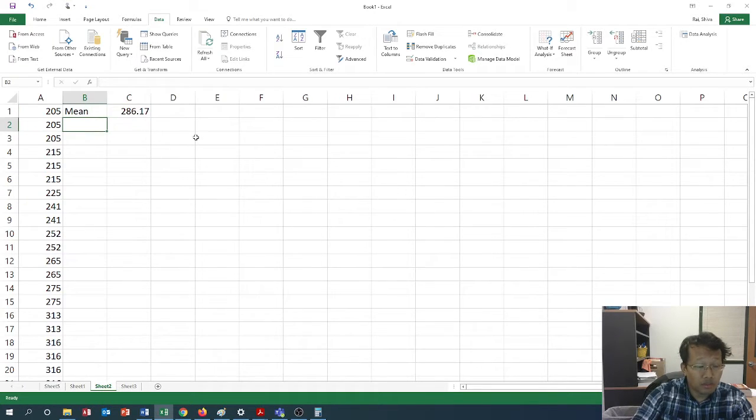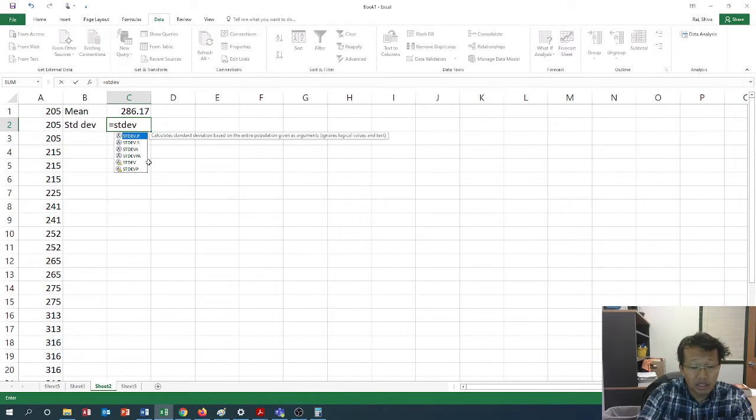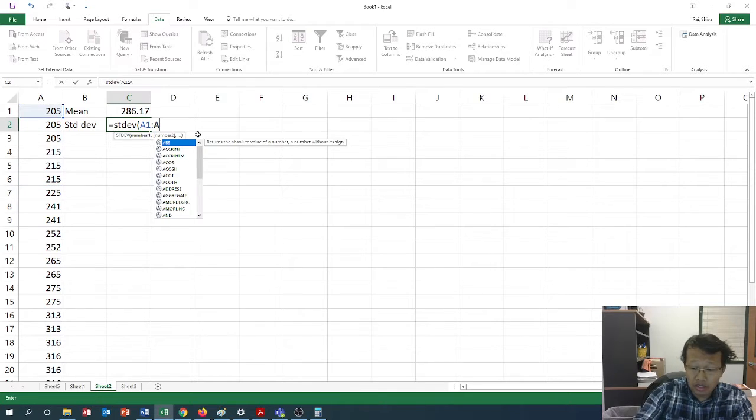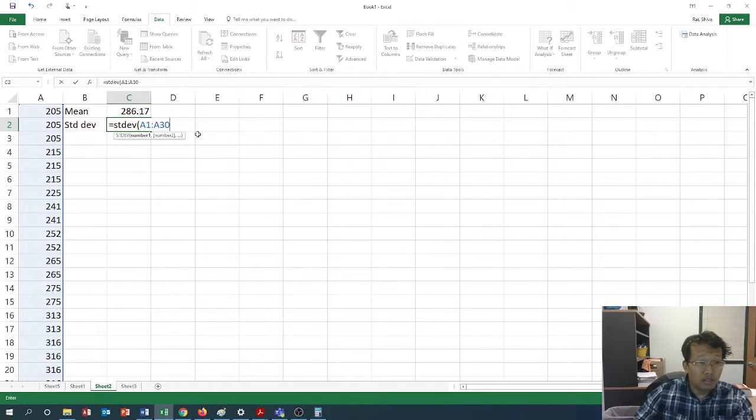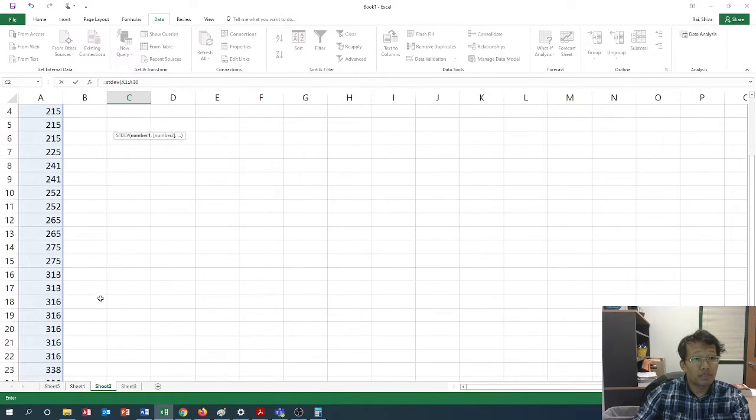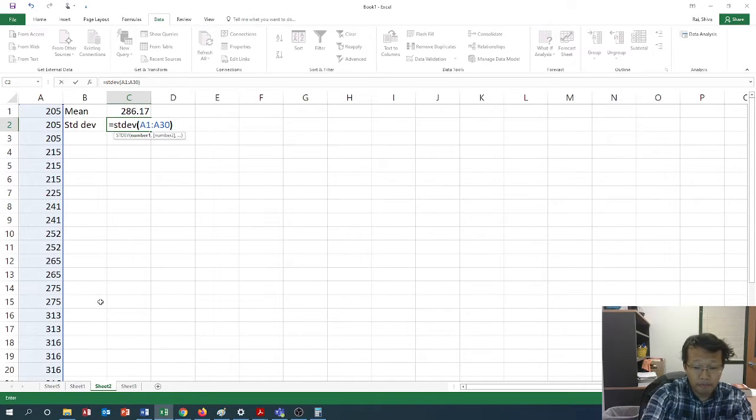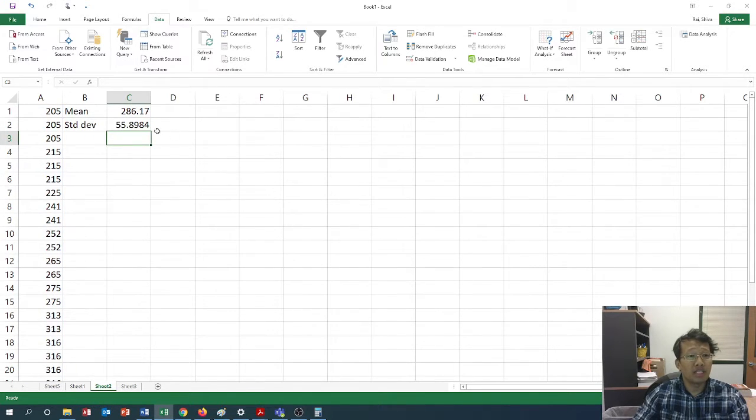I also want the standard deviation. For standard deviation, we know the formula is STDEV of array 1, that is A30, since there are 30 data points. So 55.8984. However, this may not be needed.